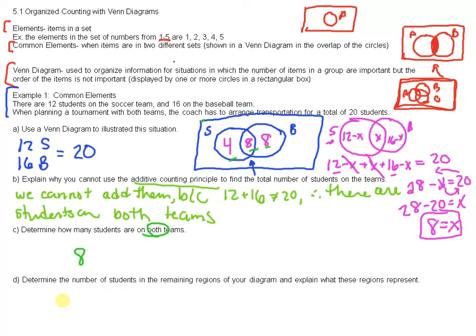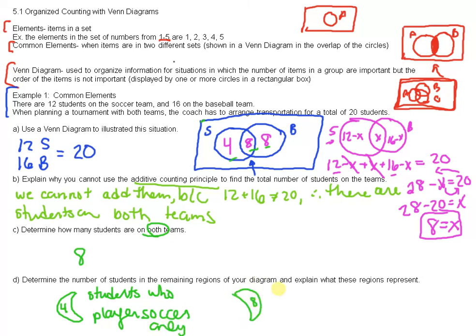So this region right here, we have 4. This is going to be students who play soccer only. And on the other side, this one here is going to be students who play baseball only.